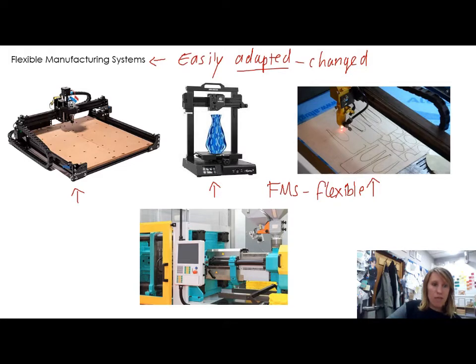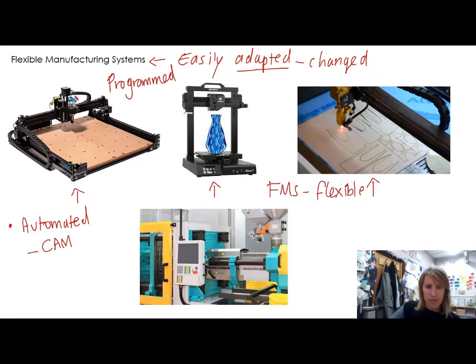The reason, you may want to make a note of this, is that they are all automated. They are using computer aided manufacture. They can all be programmed quite easily, and they can also do a large variety of different things.